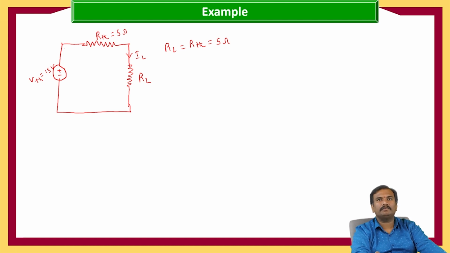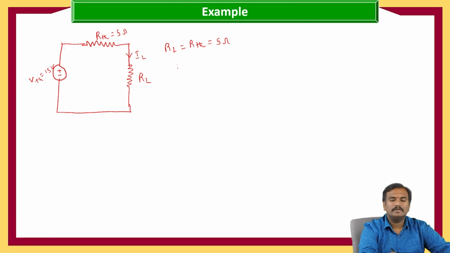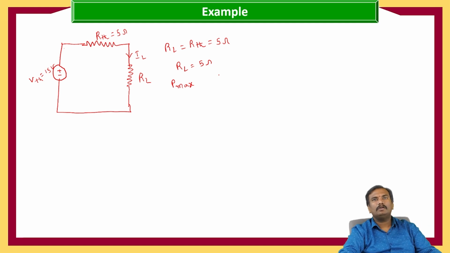This is the condition. When load resistance is equal to 5 ohms, there will be maximum power transfer from source to load. And what is the value of maximum power?